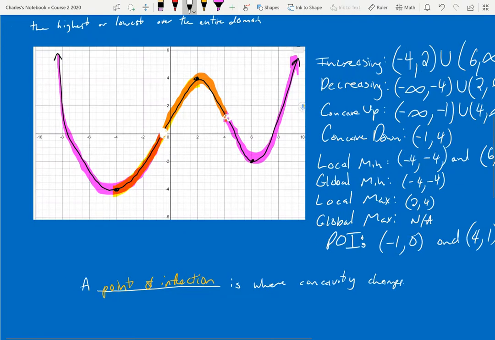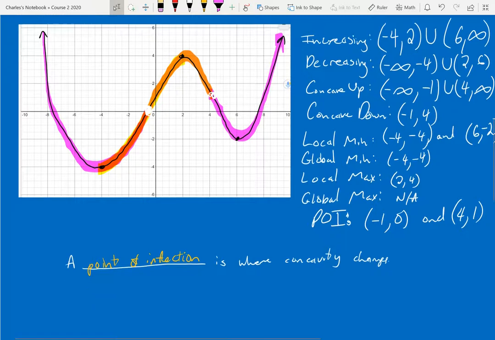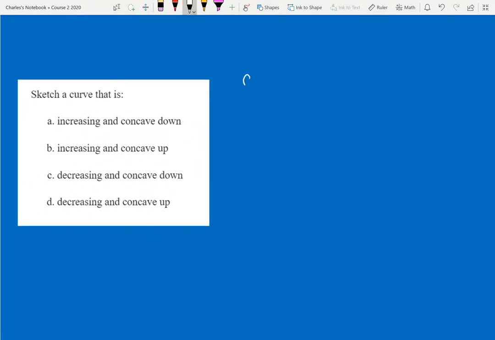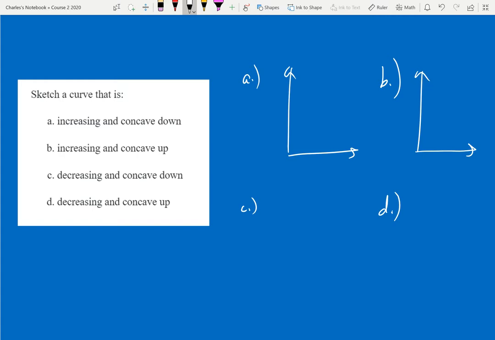And so a good activity to do, to think about, to try to put some of these ideas together that's not exactly intuitive would be to sketch a curve that's increasing and concave down, one that's increasing and concave up, one that's decreasing and concave down, and one that's decreasing and concave up.